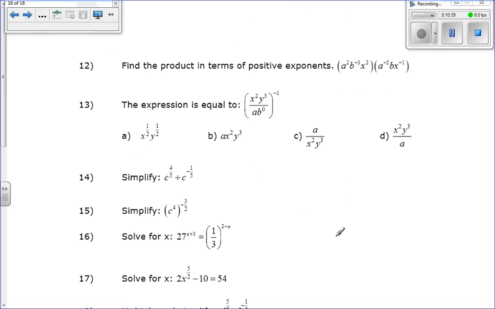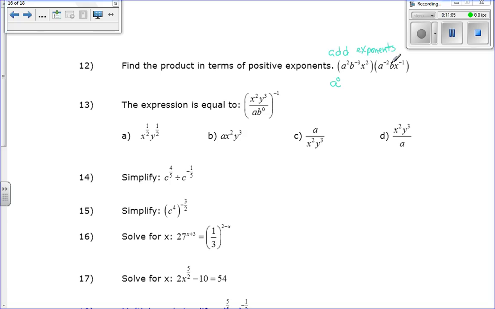Page 2. Find the product in terms of positive exponents. Well, when I multiply, we add exponents. So a squared times a to the negative 2. 2 plus a negative 2 is a to the 0.